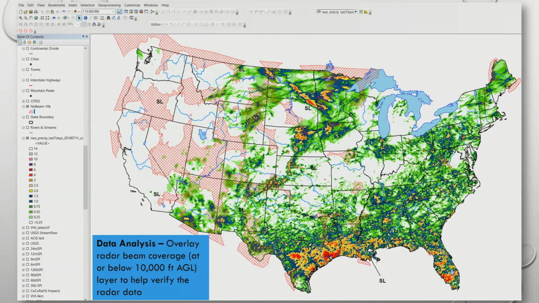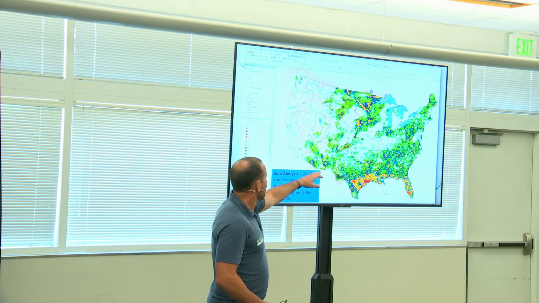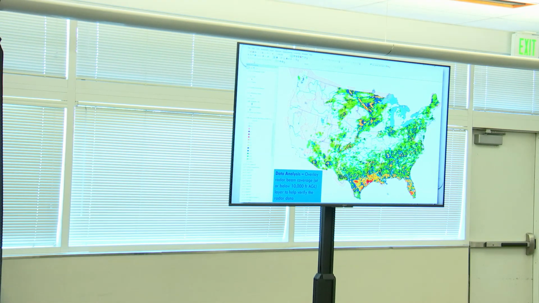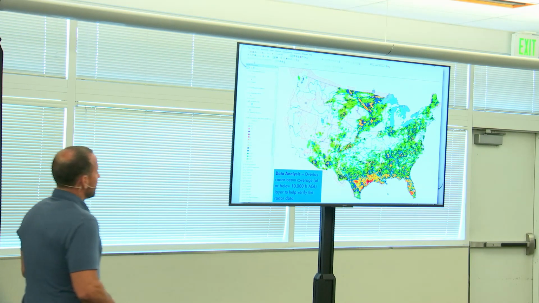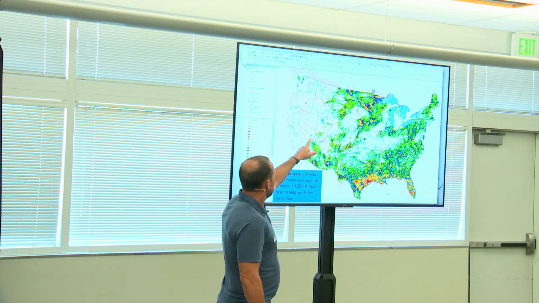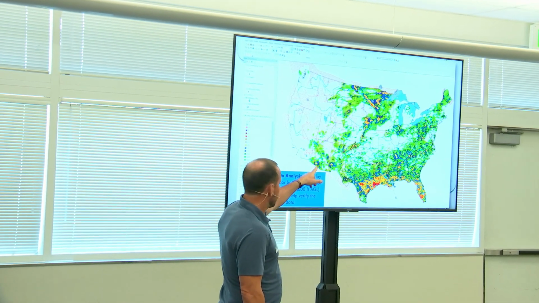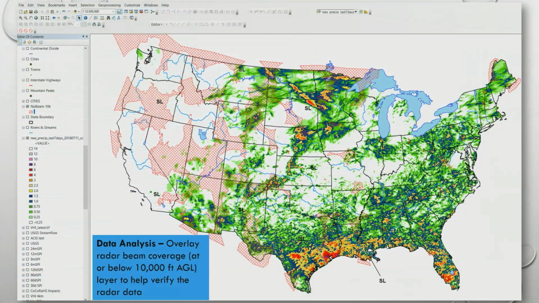For the western US, we don't have that great radar coverage, so I can't really trust it in certain areas. So I've overlaid where we have beam blockage, where the radar beam is blocked by the mountains. In these areas, I'm going to look more closely at whether these are real returns or not. The data could be not good in those particular areas. This is where GIS is really helpful.